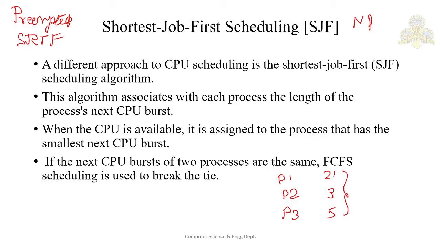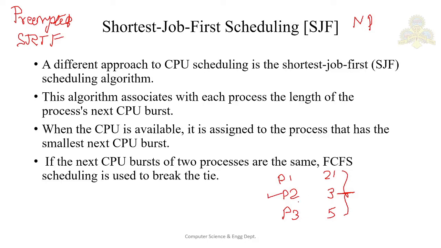Whichever has the shortest burst time, you consider that process first for execution. Here the smallest is 3, so first we will consider P2 for execution.